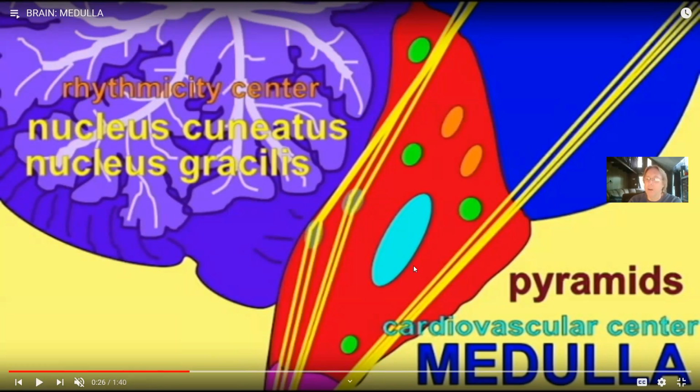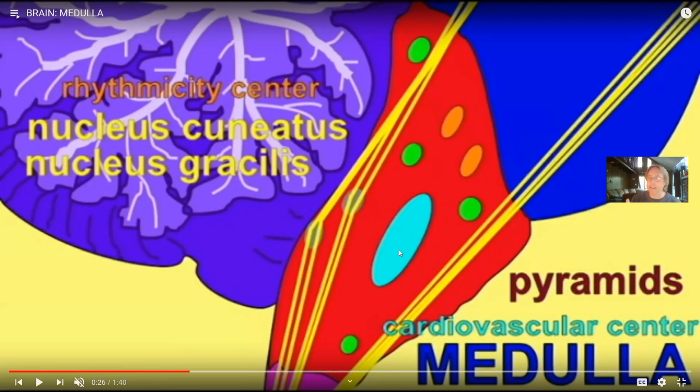So it is here that we have the major cardiovascular center, determining heart rate, blood pressure, and then also determining where blood goes in your body. So for example, if you look at your blood vessels, they have muscle in their wall in what's called the tunica media. And you have 5 liters of blood in your body, but you have 8 liters of space. So in other words, you don't have enough blood to fill all your blood vessels.